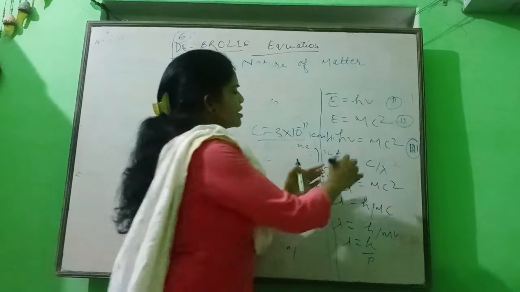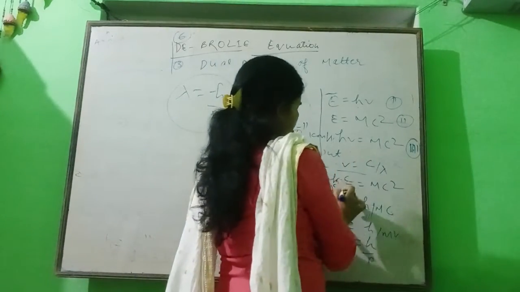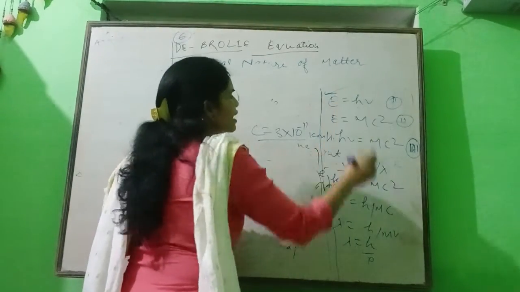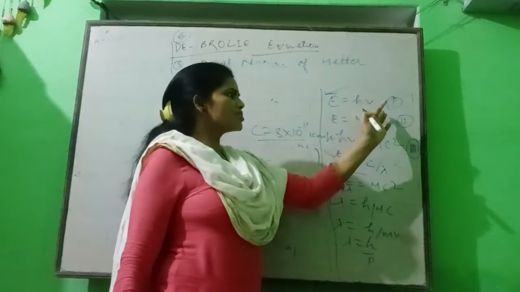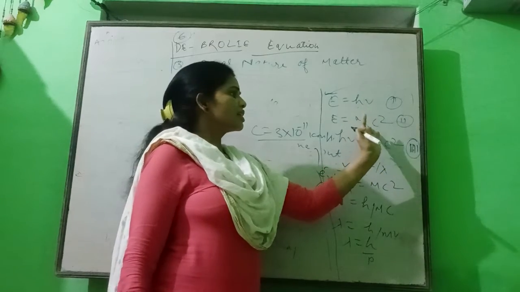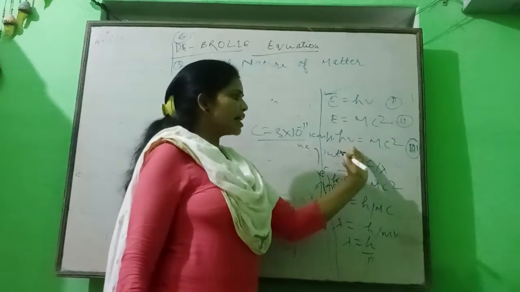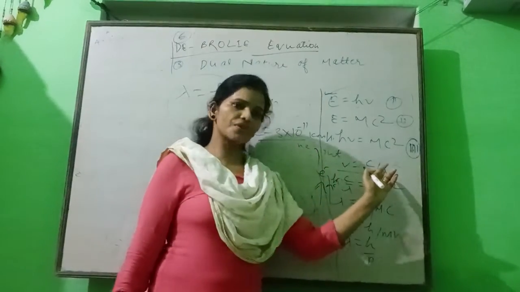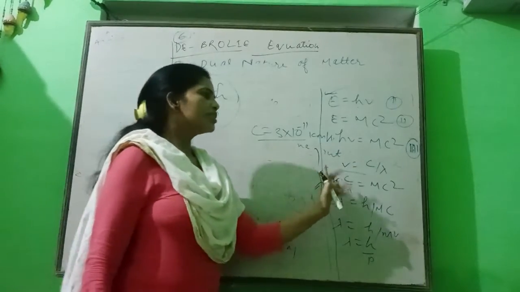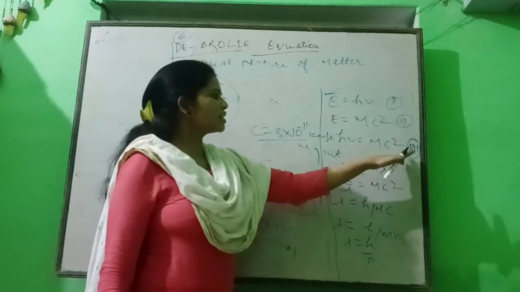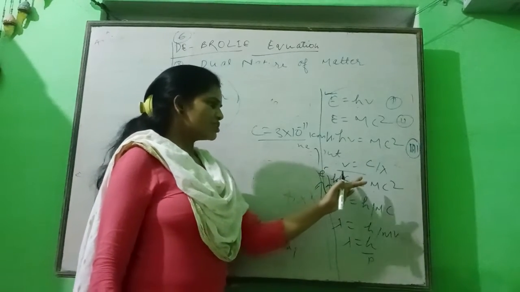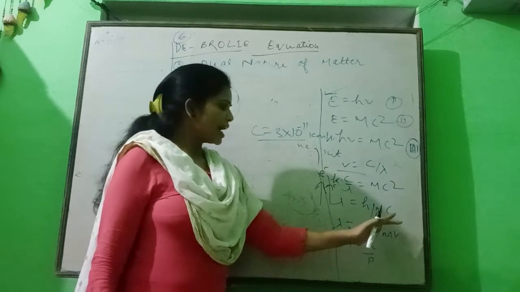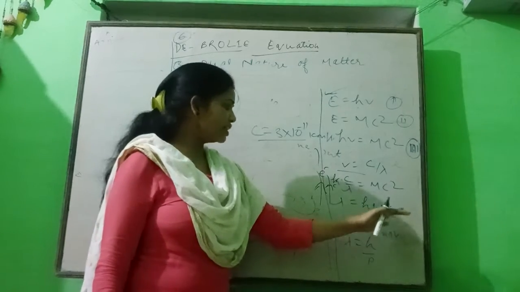First, we put h into nu; second, m into c square; third, nu is equal to c by lambda. Now put this value in the third equation: h into c by lambda is equal to mc square. Lambda is equal to h upon mc.